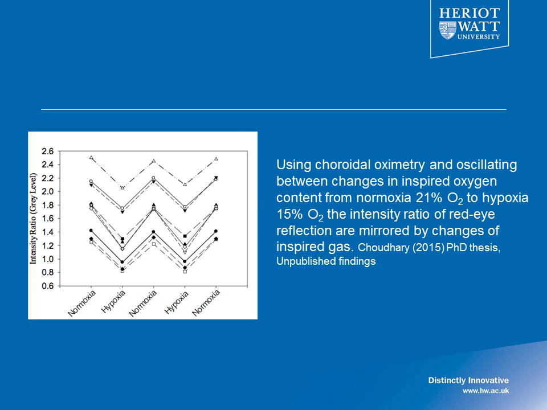And we can see here that there's some scatter between the 10 individuals, but on average, when they move from normoxia to hypoxia, this intensity ratio falls, and then when we move back to inhaling a normoxic gas mixture, this intensity ratio increases, suggesting that the choroid is quite sensitive to detecting changes in inspired oxygen reflected by a change in oxygenation.